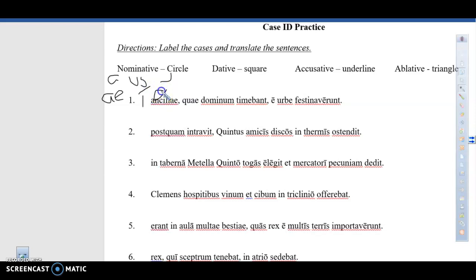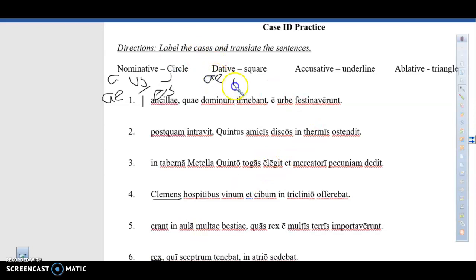Weird things like canis, please remember, could be a whole bunch of stuff. So this weird squiggly line is anything like Clemens. There's no S on your chart. That's nominative. Rex, what? There's no X on your chart. That's nominative.